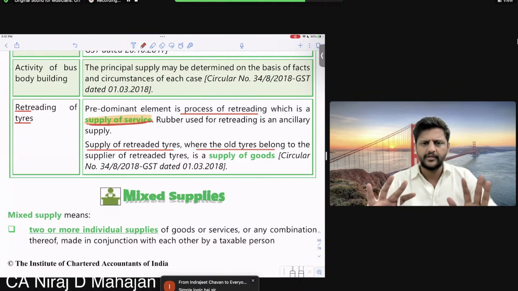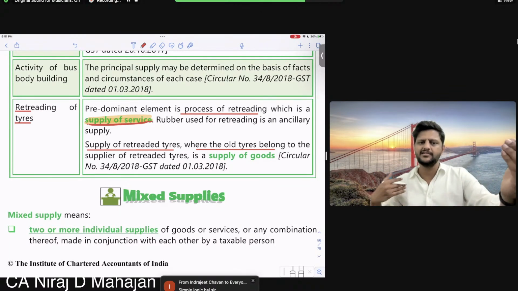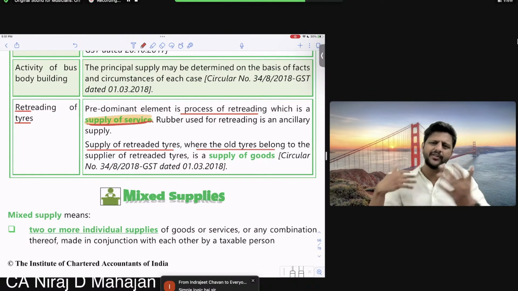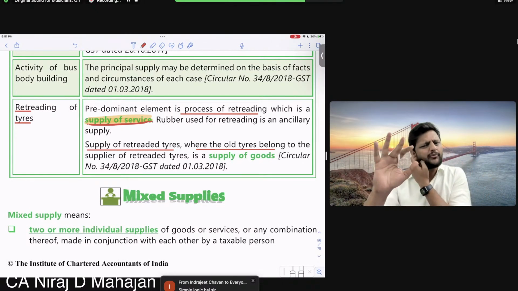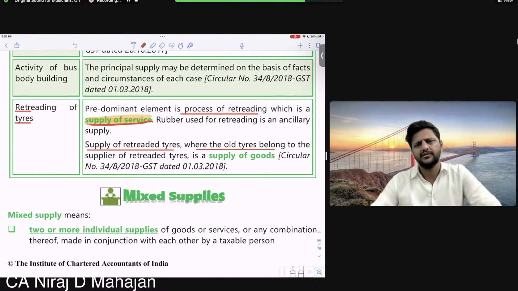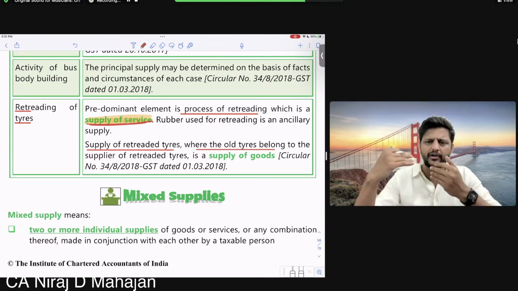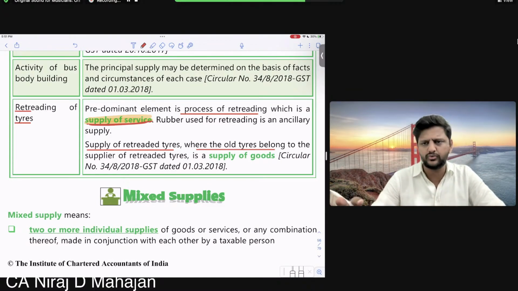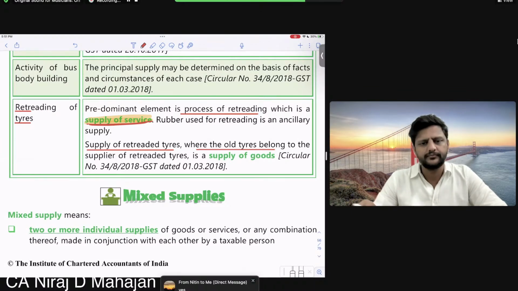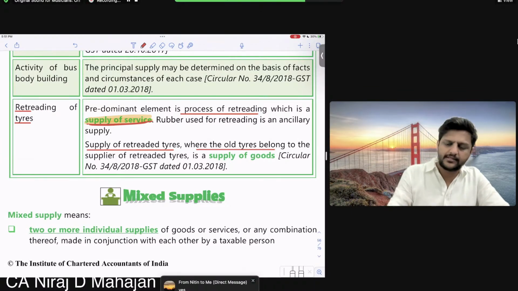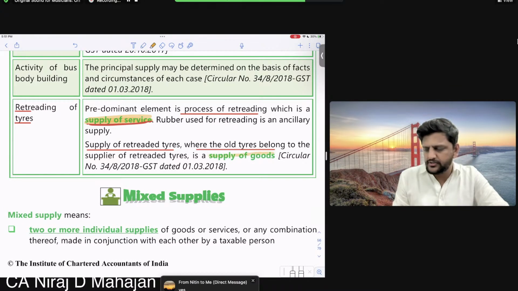No. He is just replacing it or giving you a new tire. From your point of view, it is a new tire, even if it is second hand or old or retreaded. It is like buying a second hand mobile. That will be treated as supply of goods.